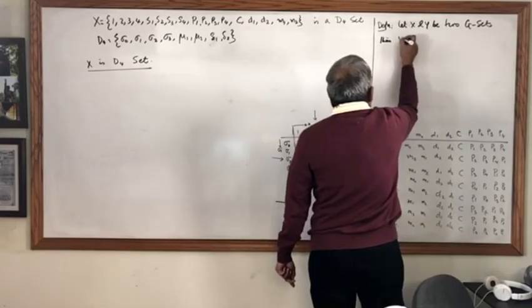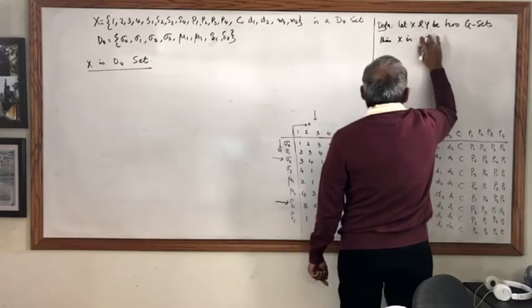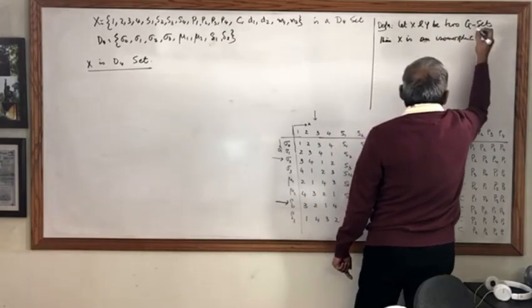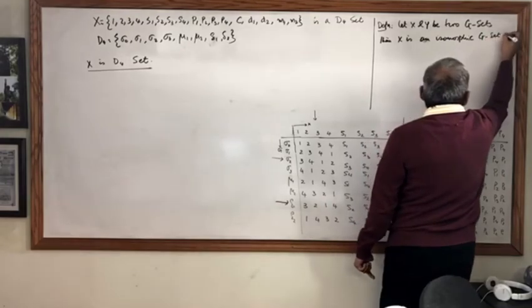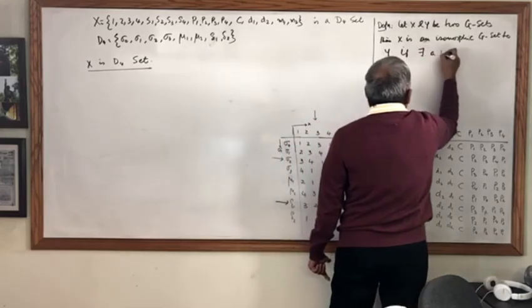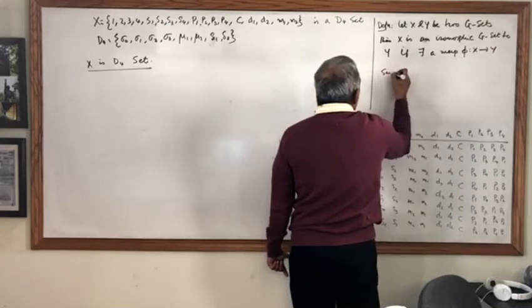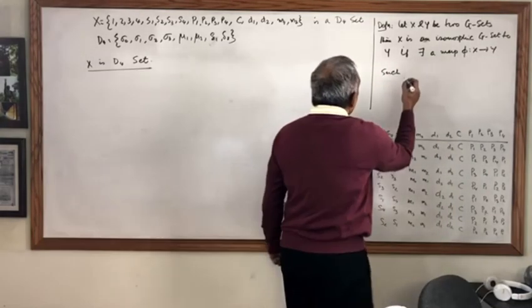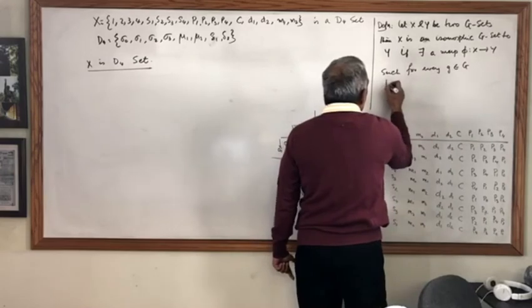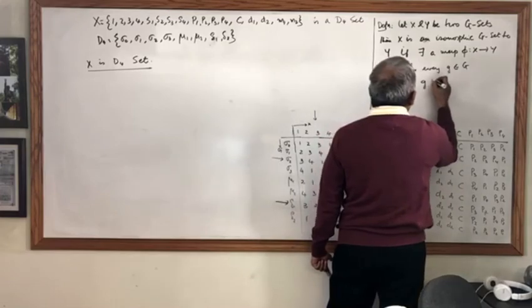Then X is an isomorphic G set to Y if there exists a map phi from X to Y such that for every g in G, phi of gx is equal to g of phi x.